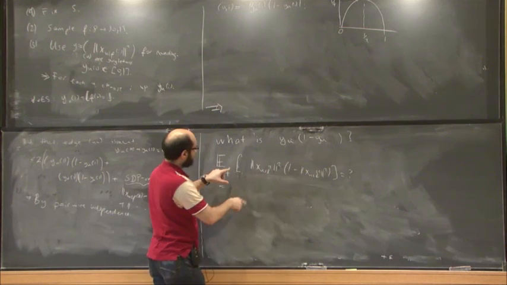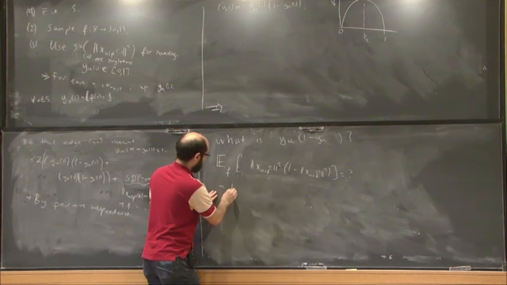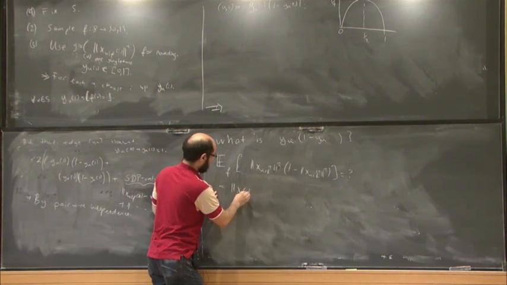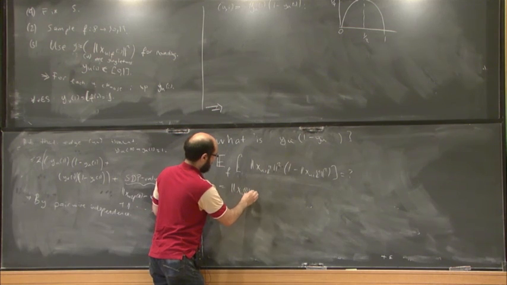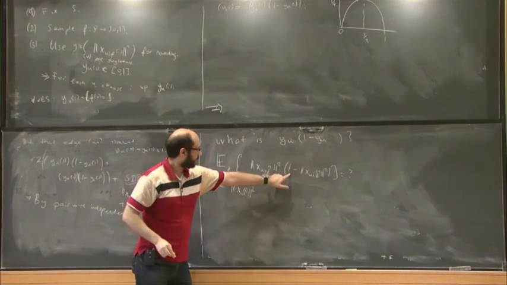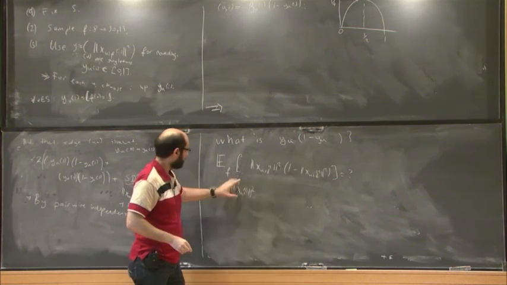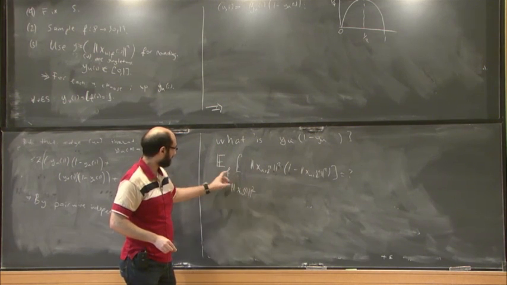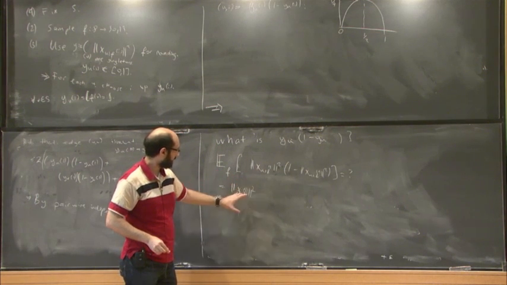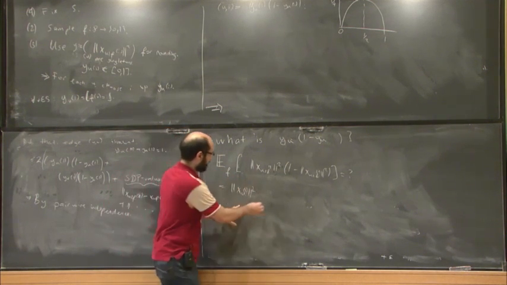Because of the property of conditional expectation, the first one, after taking the expectation, will be equal to x_u1 squared.